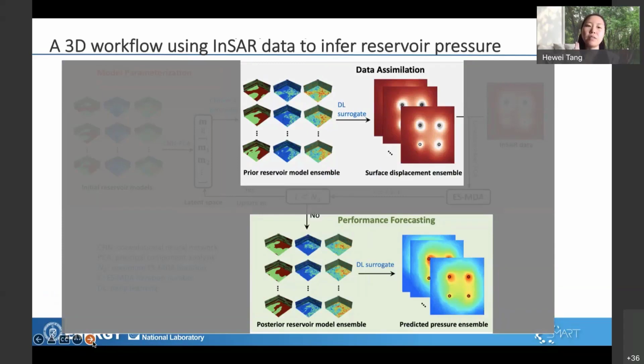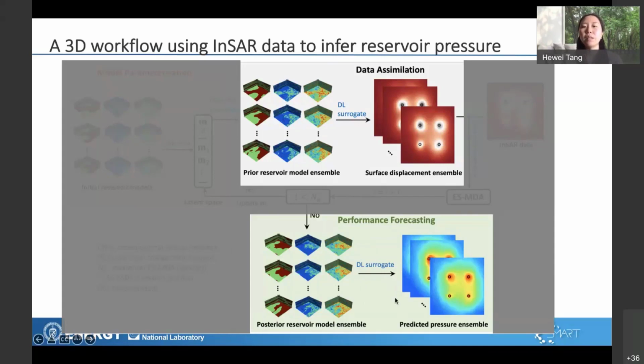Okay, so we have built the parameterization model part, and now let's come to the surrogate model part. In this workflow, we need to develop two surrogate models. One is for the data assimilation workflow, which allows us to quickly predict the surface displacement to compare with the InSAR data. The other is for performance forecasting, which allows us to predict the reservoir pressure distribution based on the calibrated posterior reservoir models.